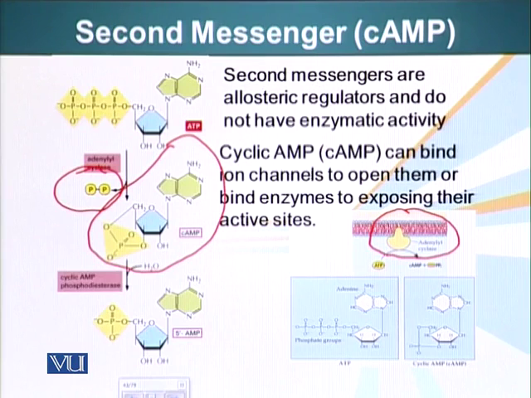This molecule is produced and it will go on and further cause a different effect. Just as importantly, it is pertinent to mention that there is another molecule called cyclic AMP phosphodiesterase. We talked about cyclic GMP phosphodiesterase earlier. This molecule will break this cyclic AMP and make it a normal AMP molecule, terminating its effects.